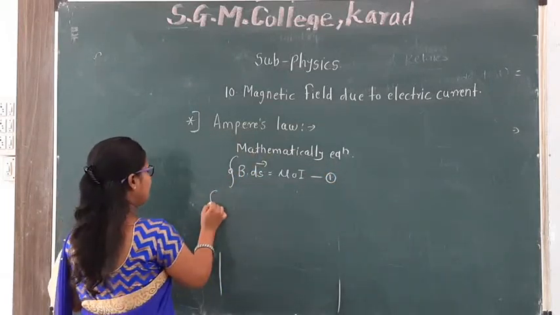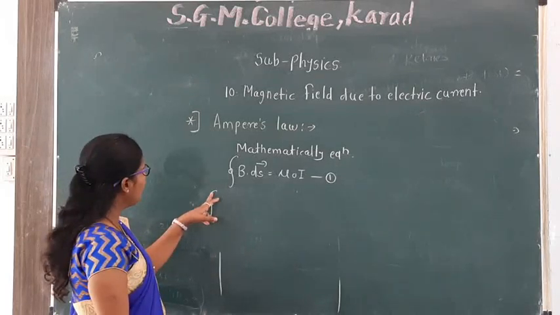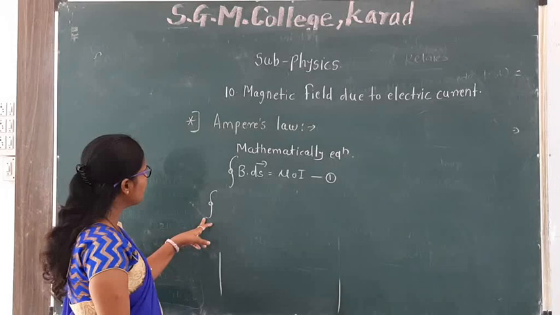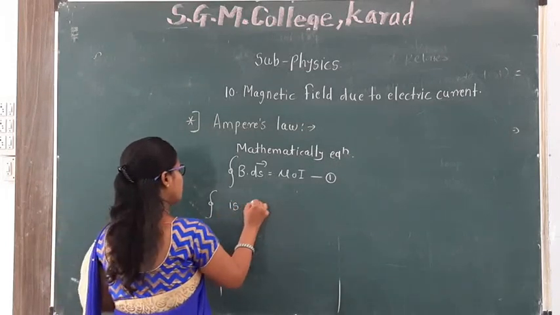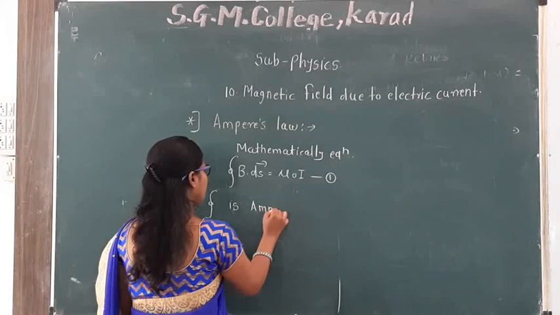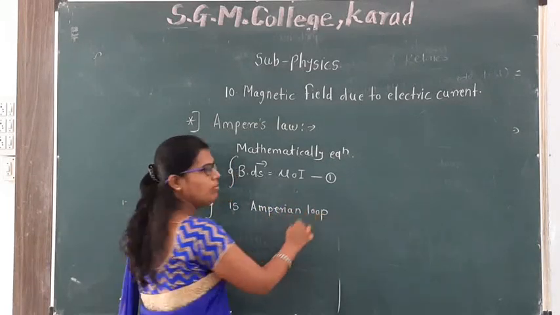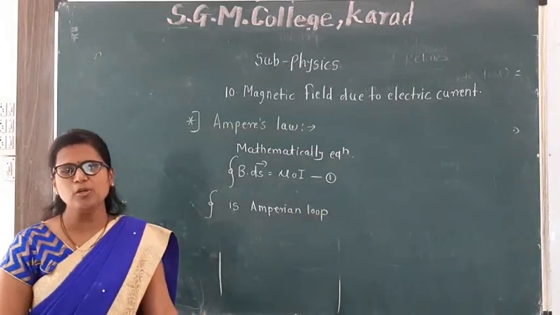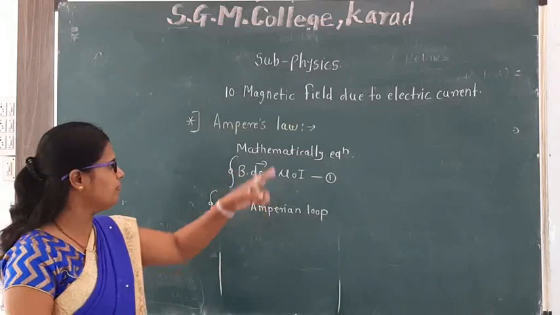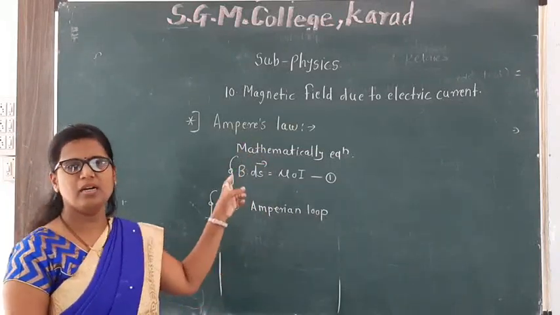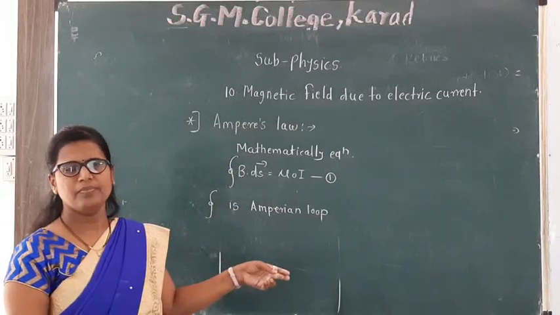This sign indicates the integral over the closed path, which is called the Amperian loop. Now what is meant by an Amperian loop? An Amperian loop means an imaginary circle drawn around any conductor.